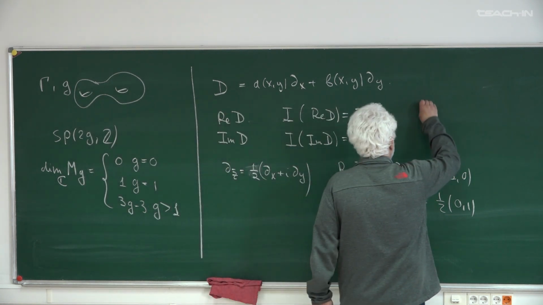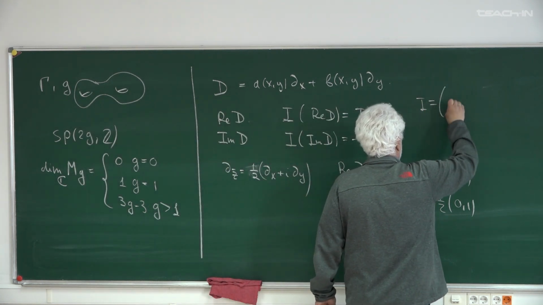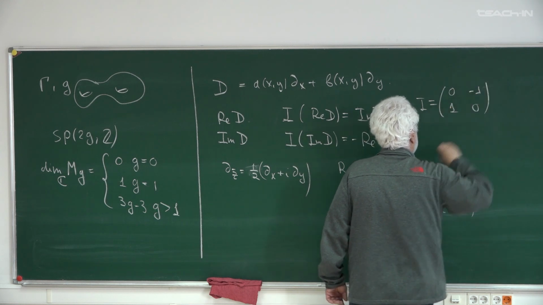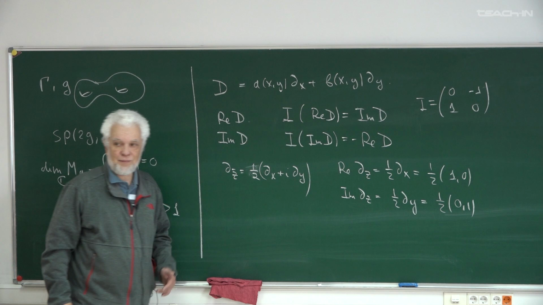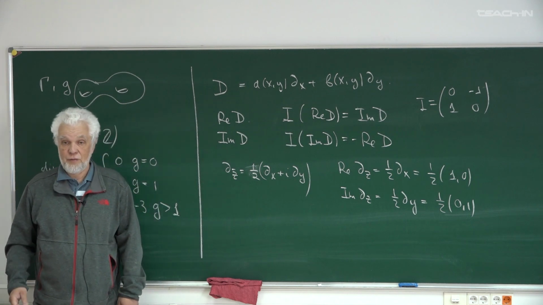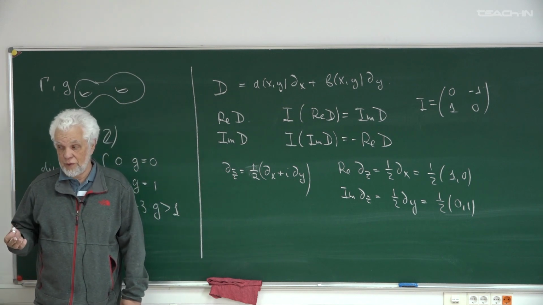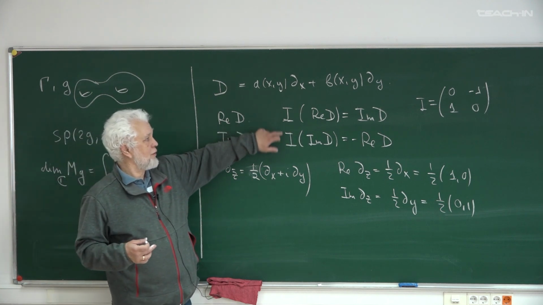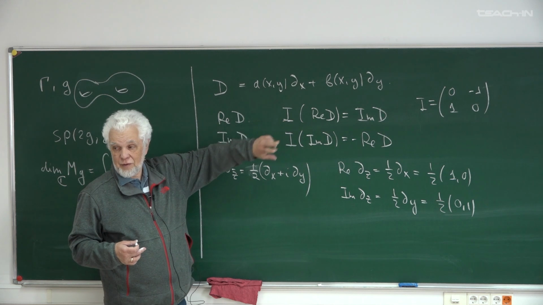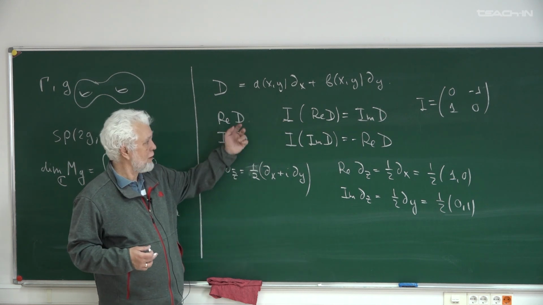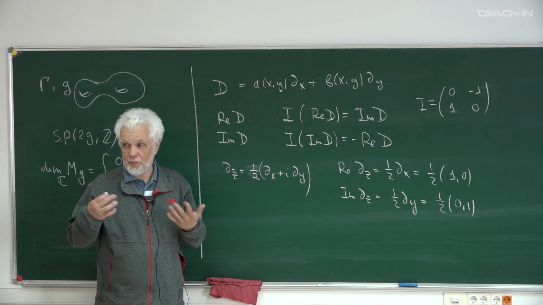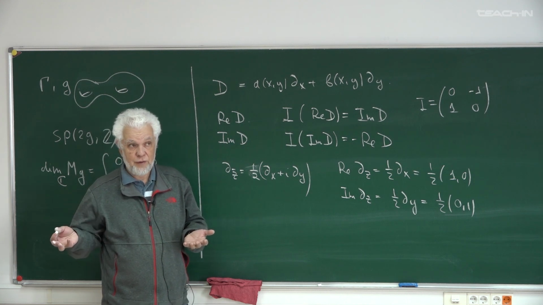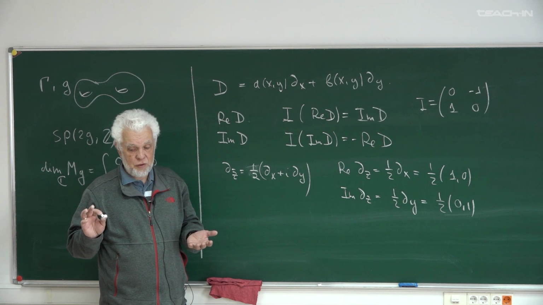Therefore, I is the following matrix in these coordinates. So it's okay. Therefore, if we have a first order operator with these two conditions, these two vectors are linearly independent and this pair is positively oriented, then we have a complex structure. Or if negatively oriented, you have to invert the orientation.